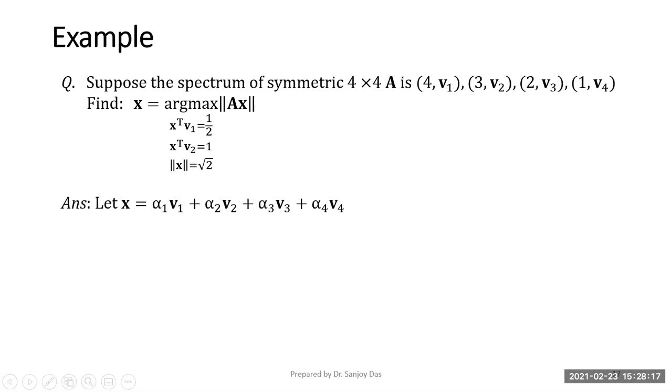Let X be alpha 1 V1 plus alpha 2 V2 plus alpha 3 V3 plus alpha 4 V4. So X transpose V1 equals half. What's X transpose V1 in terms of the alphas?